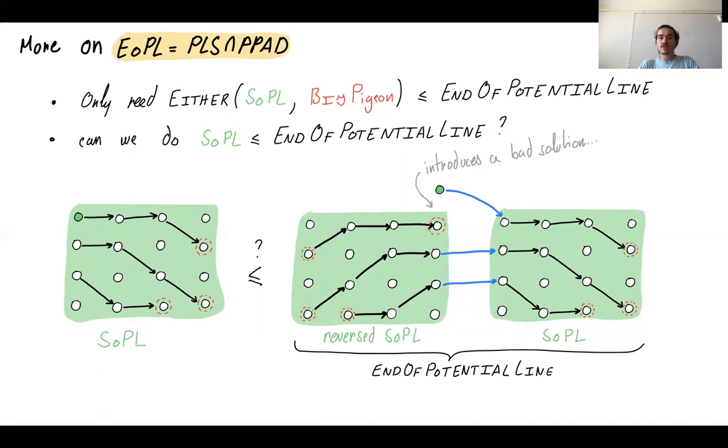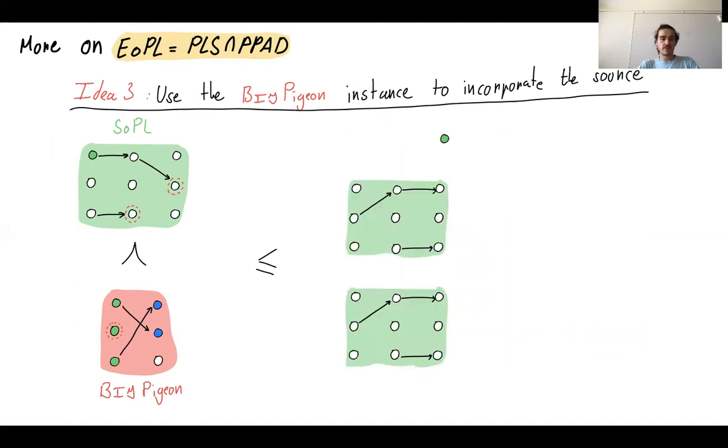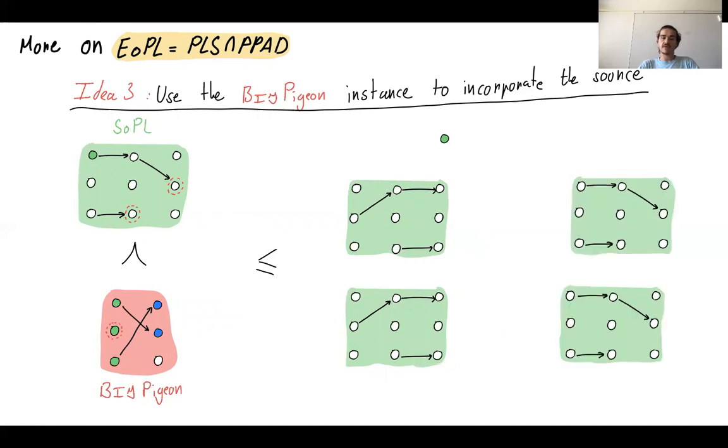And for this, we will use the bijective pigeon instance as a reduction gadget. So, okay, this is our third idea. As input, you get an SOPL instance and a bijective pigeon instance. And we start by just adding a source to our construction. And now we put two reversed copies of the SOPL instance and two original copies of the SOPL instance, so not reversed.